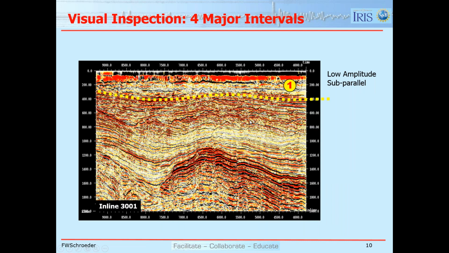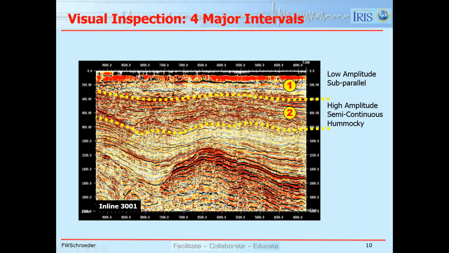Then we would do a visual inspection, trying to understand some of the major packages. It looks like the shallowest package, after we get underneath the water bottom, has reflectors that are fairly low amplitude, not too deep of a red, not too dark of a black. And the reflectors are not parallel, I might call them subparallel.